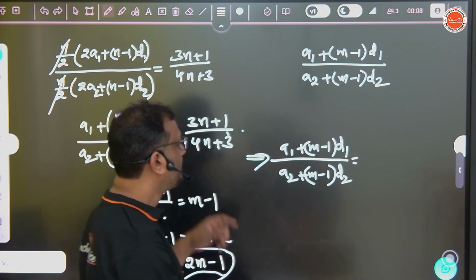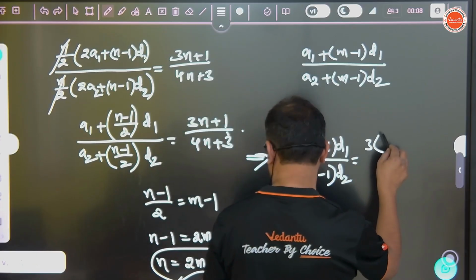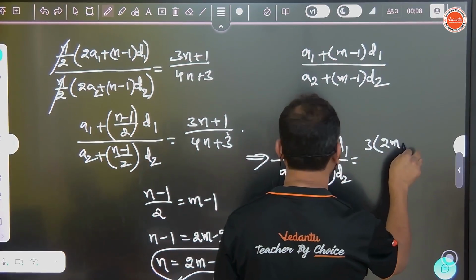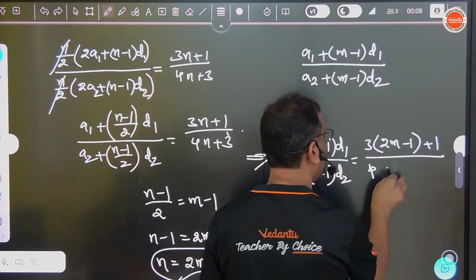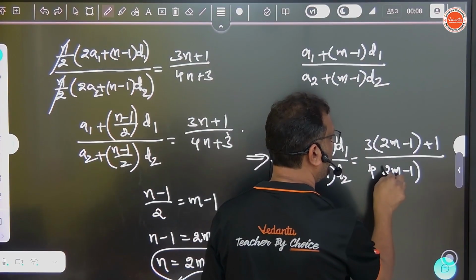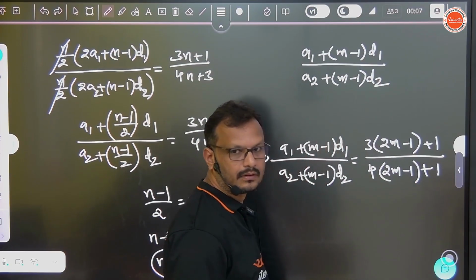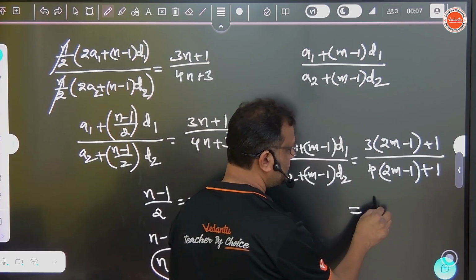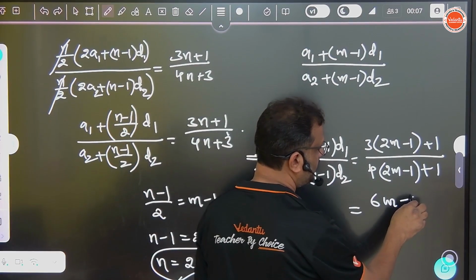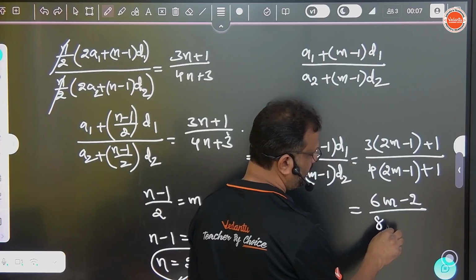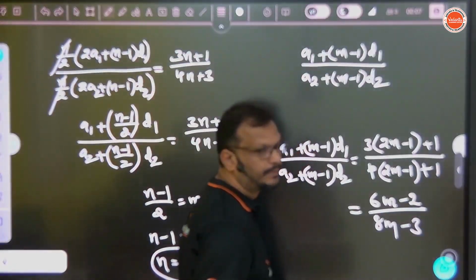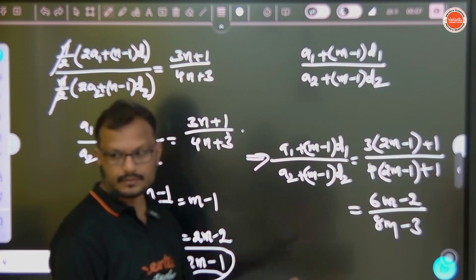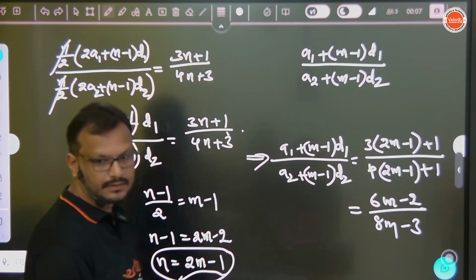So what will we get now? 3 times 2m minus 1 plus 1 by 4 times 2m minus 1 plus 3. So overall it is coming 6m minus 2 by 8m minus 1. So that is the ratio of mth terms.